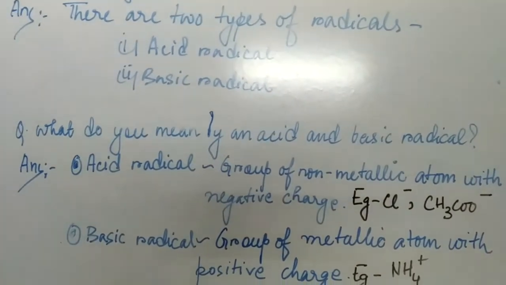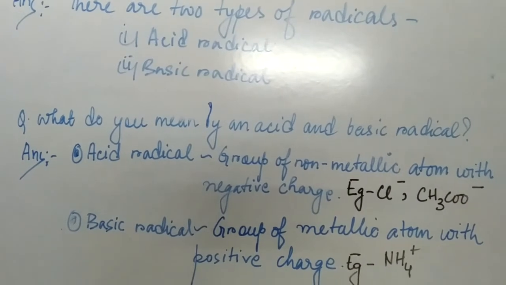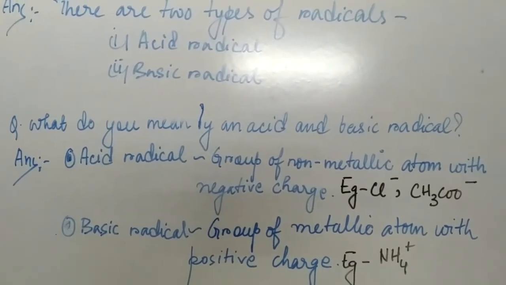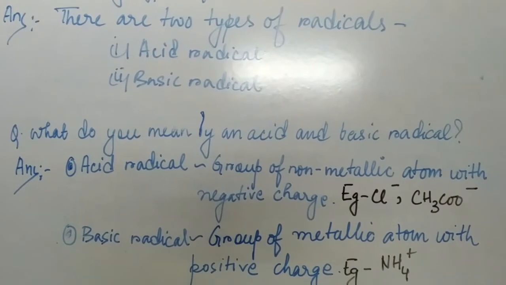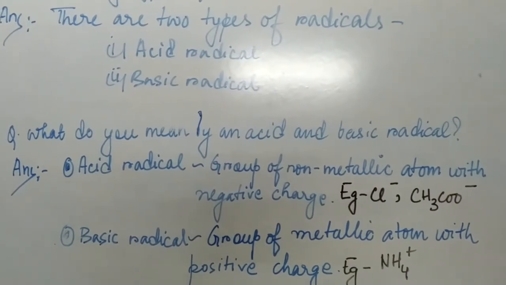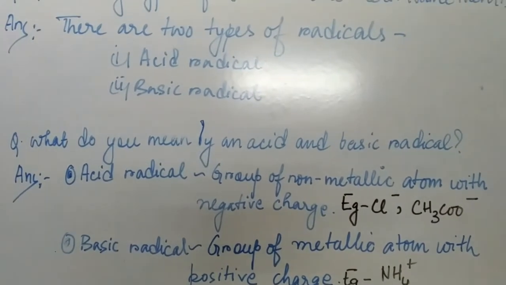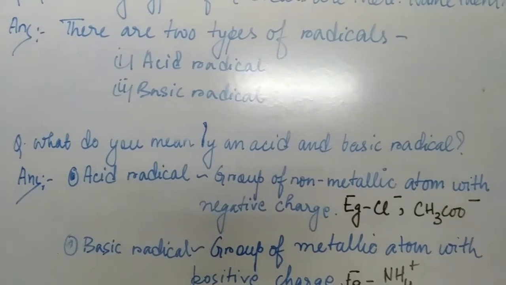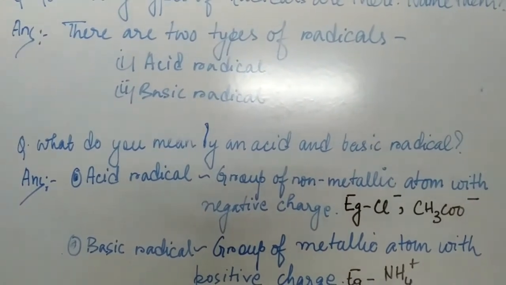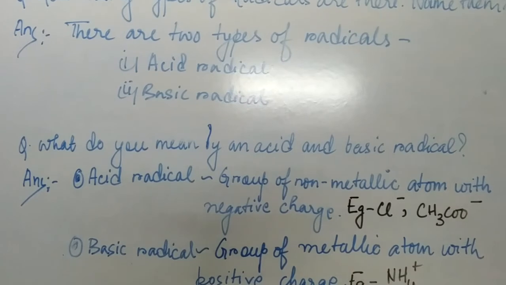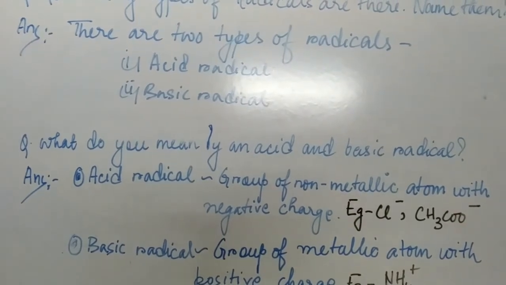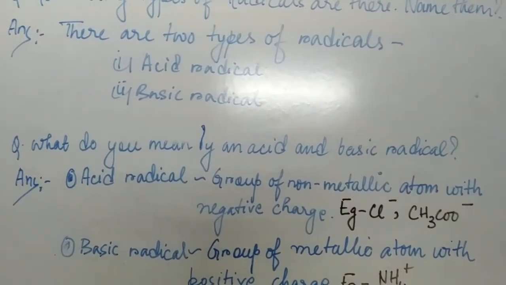so acid radical means, students, it's a group of non-metallic atoms with negative charge. Okay, now students, as I have already explained, this positive and negative charge develops due to either donating or gaining valence shell electrons.